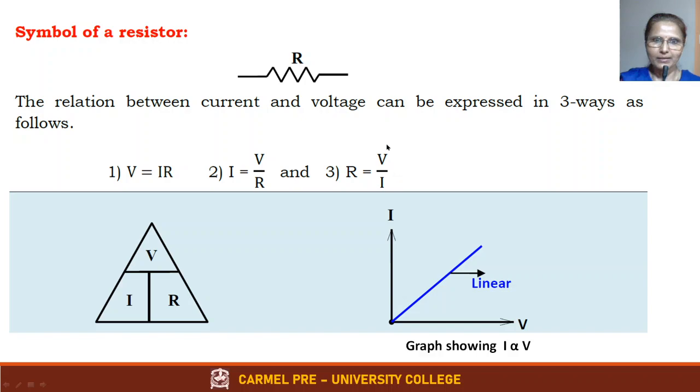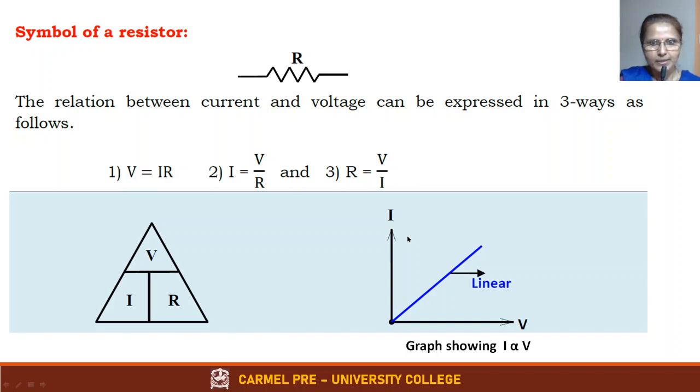This can be easily memorized by remembering this triangle. You write V here, and I and R here. So V is equal to I into R, I is equal to V by R, and R is equal to V by I. All three equations can be easily memorized by this triangle. Practice this. For Ohm's law we can plot a graph, and in the lab you are going to do this experiment.